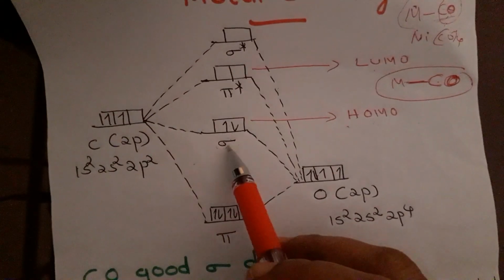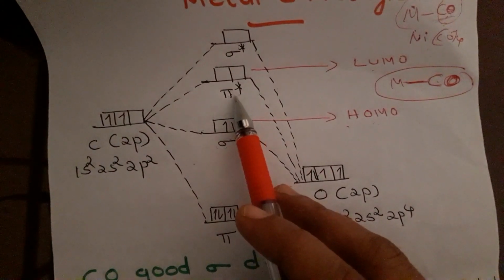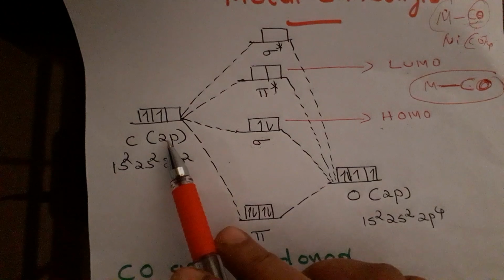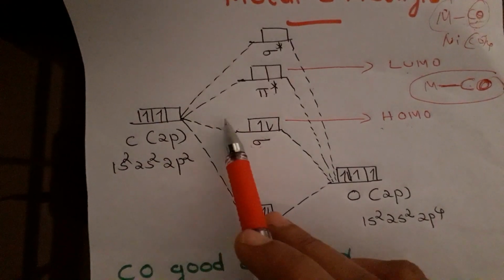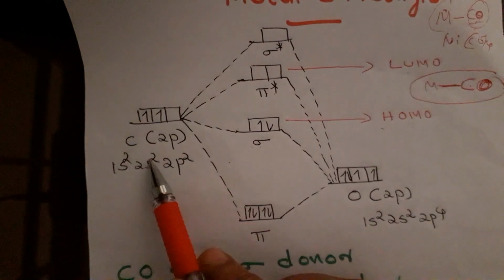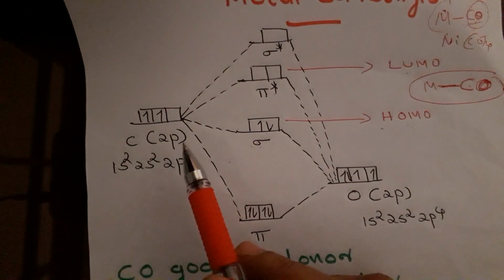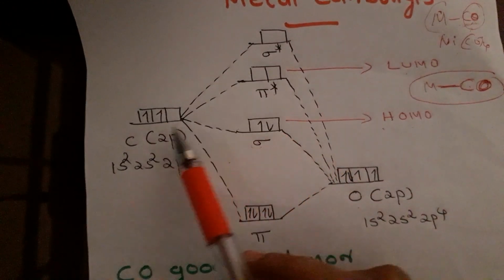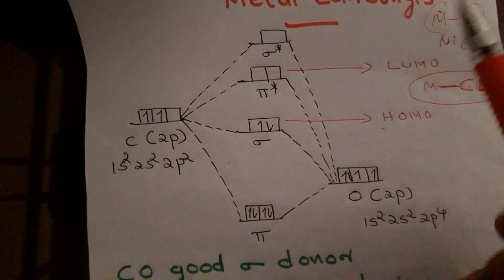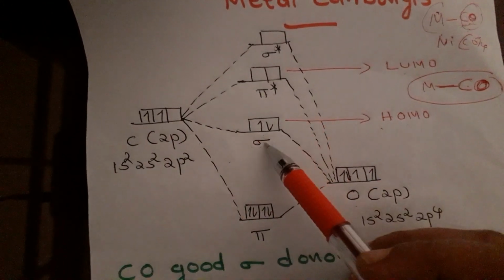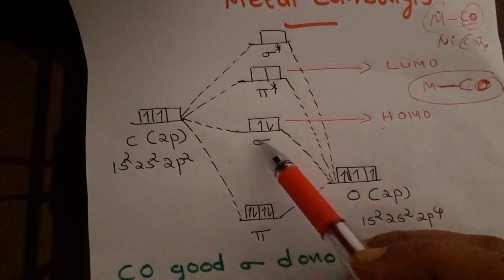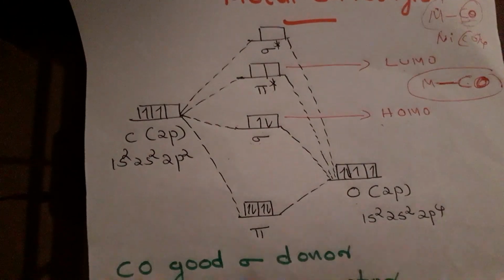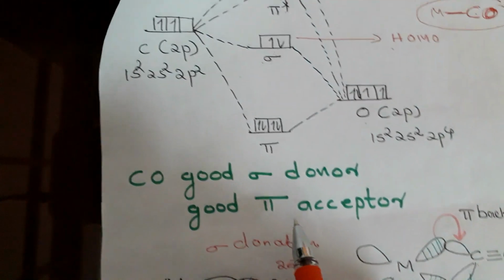This sigma orbital and pi star orbital are near the carbon atom, so most bond breaking and bond formation takes place on the carbon side. Very rarely does it take place on the oxygen side. Then this HOMO-LUMO gap is very low. Then CO is a good sigma donor and good pi acceptor.